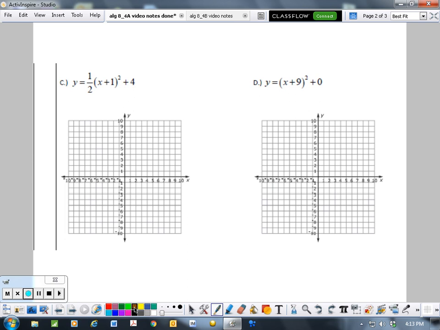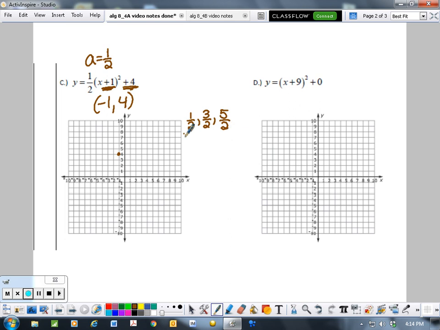So the next one, this time our a is 1/2. Ooh, a tricky one. I kind of threw it in there because of what happens when we have a fraction. Our vertex will be negative 1 and positive 4, so we'll go to negative 1, positive 4. And now our slope should be 1/2 times 1, 1/2 times 3, 1/2 times 5. What's weird though is that when you have a slope of 1/2, you don't go up 1 over 2.